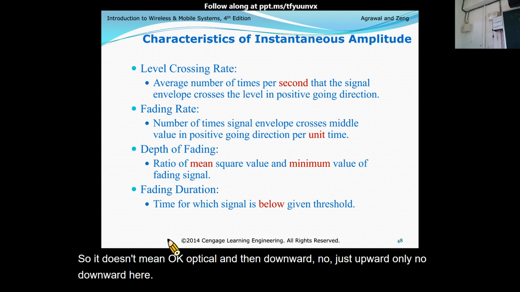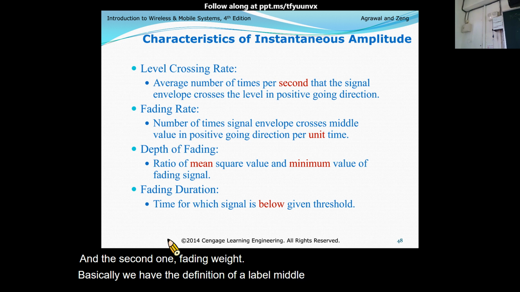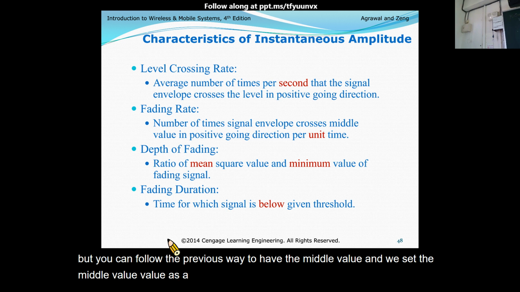And the second one, fading rate. Basically, we define a middle level. I didn't mention it, but you can follow the previous way to get the middle value. We set the middle value as the level to be crossed.